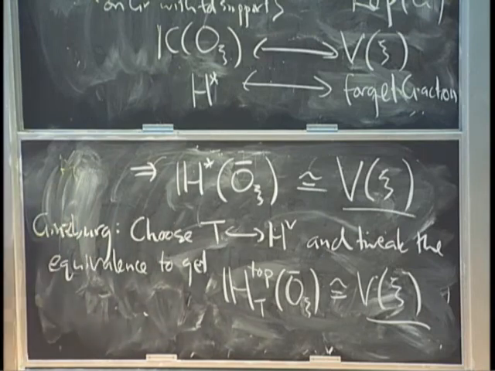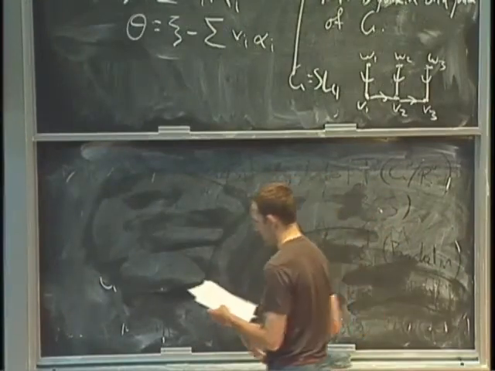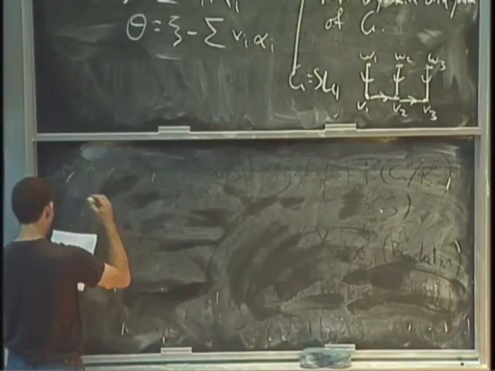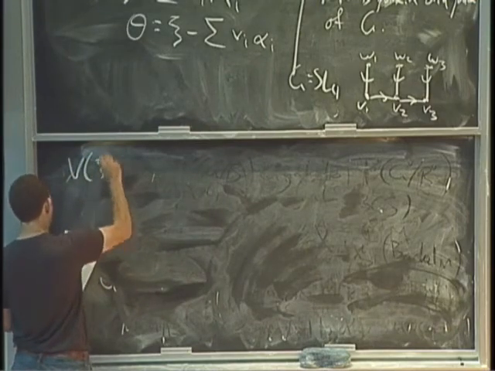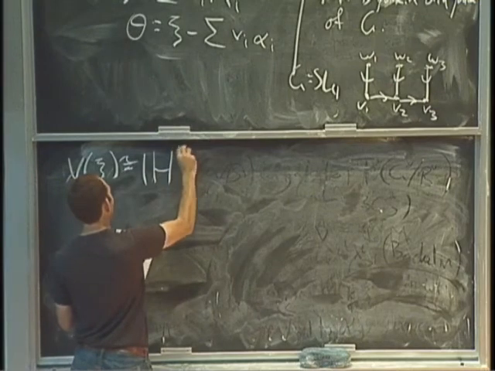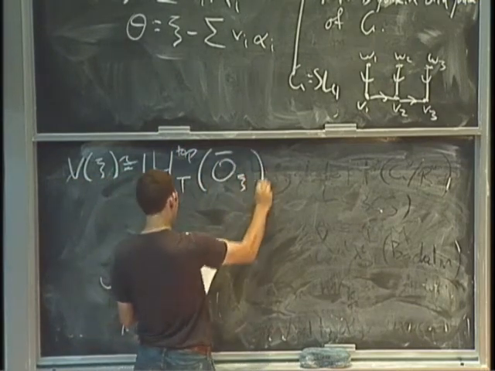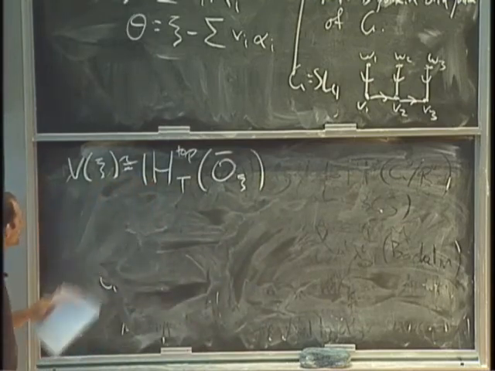Okay. Let's see. So now let me just repeat this isomorphism. So V of C looks like IH top T of O bar C. And now we can start playing with this group.